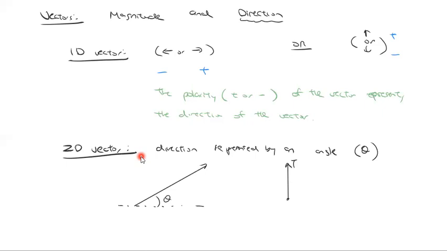But that's essentially the idea. You need some sort of angle, no matter what angle you're talking about, to give an idea of the two-dimensional vector, because the vector could be in any direction in the 2D plane, any combination of left, right, up, down.